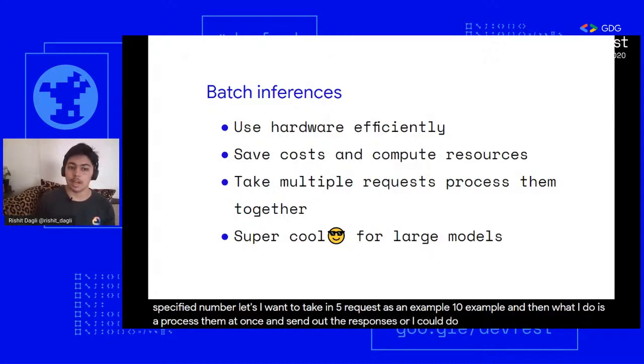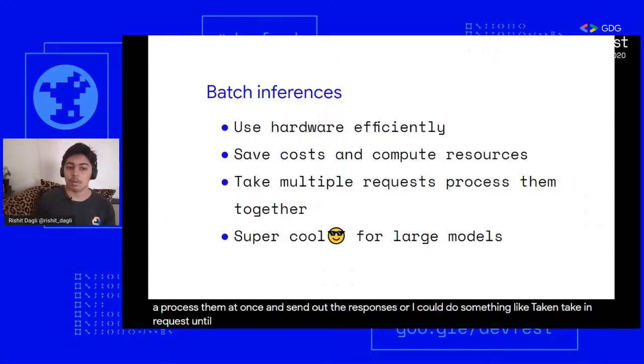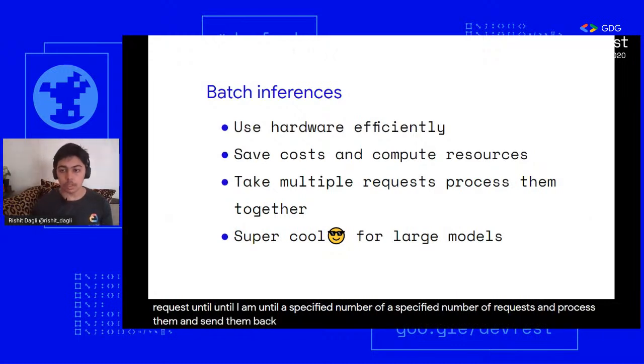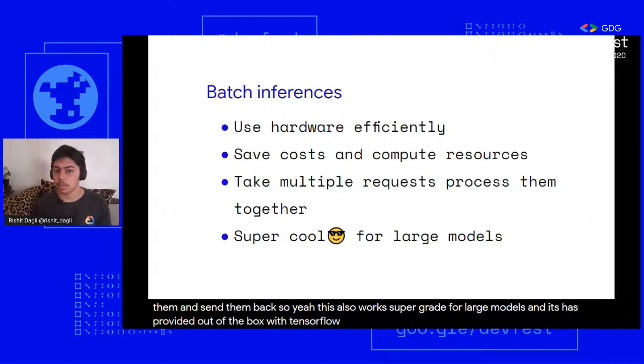Or I could take in requests until a specified number, and then just process them and send them back. This works super great for large models, and it's provided out of the box with TensorFlow Serving. So let's take a look at how you would be doing this in practice.